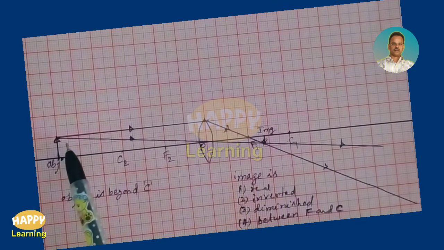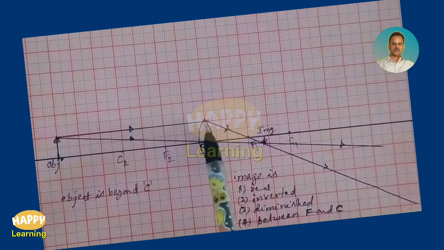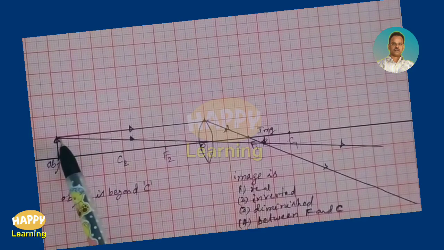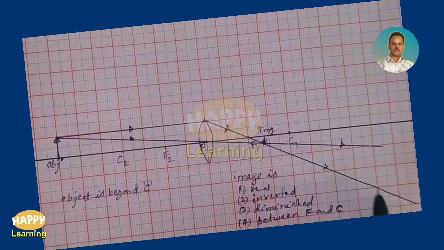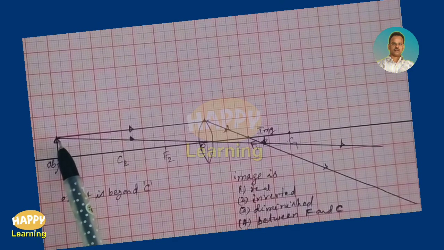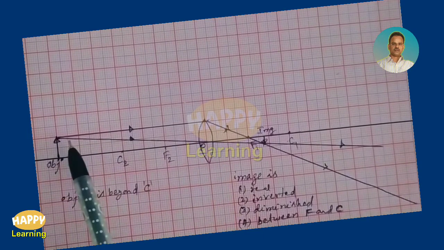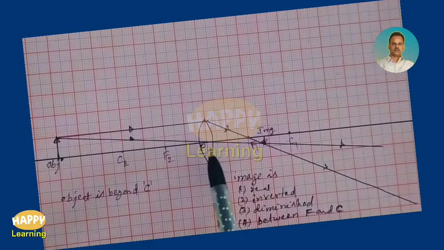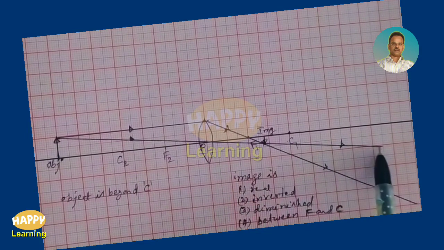So how do we draw this? Two rays are selected. One ray is drawn parallel to the principal axis. According to the rule, this ray, after passing through the lens, should pass through the focus on the other side. Next, one more ray is selected starting from the same point of the object, but it passes through the optic center of the lens. The ray which passes through the optic center will not deviate, so it passes along the same straight path.